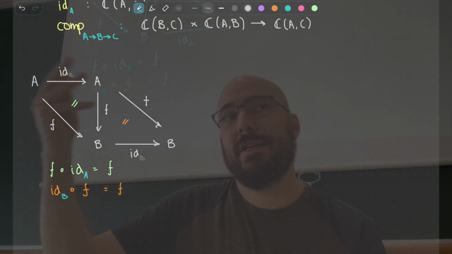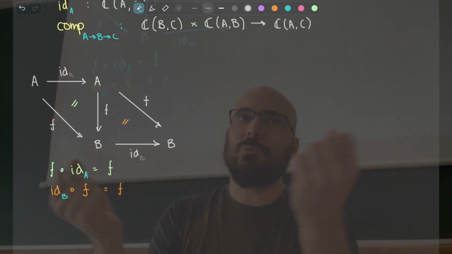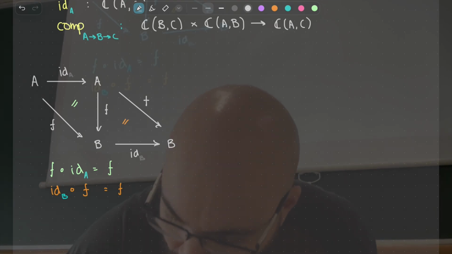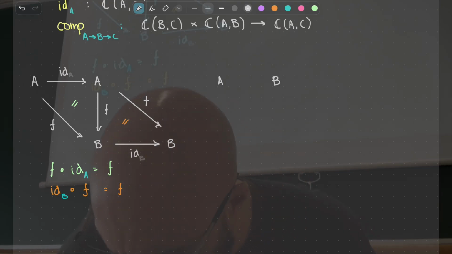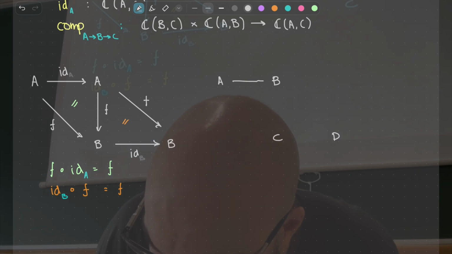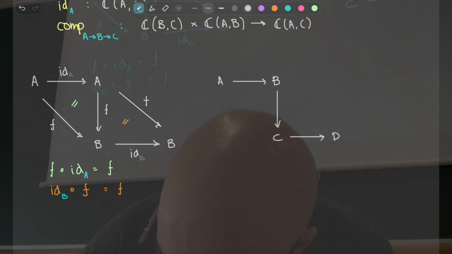In order to have three arrows, which are the things I'm composing, I need four objects. So I will write like that. A, then maybe B, then C, then D. So the idea is that anytime you have like this, let's call them F, G, H.